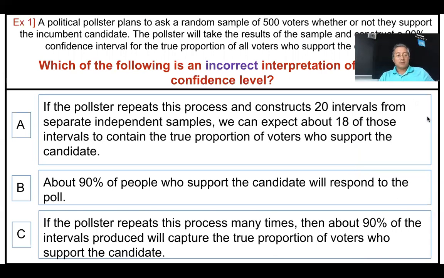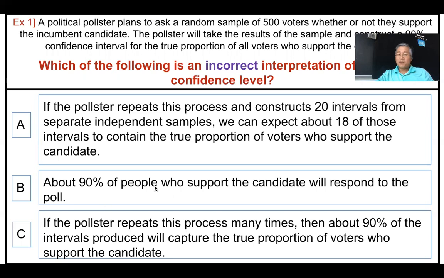Which one is incorrect? A, if the pollster repeats the process and constructs 20 intervals from separate independent samples, then we can expect that about 18 of them contain the true proportion of voters who support the candidate.